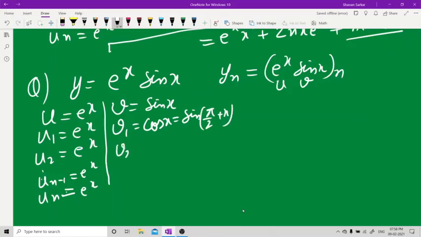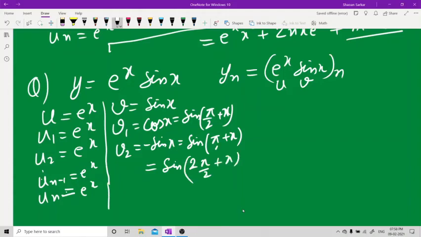Now this v2 will become minus sine x and therefore it will become sine of 2 into pi by 2 plus x, which is basically sine of pi plus x. So the nth derivative of v is sine of n pi by 2 plus x. For this you can see the earlier video. Now you have to solve this problem. Let's solve it below.